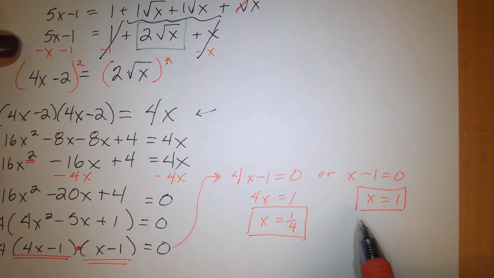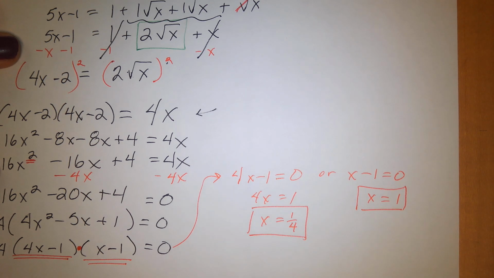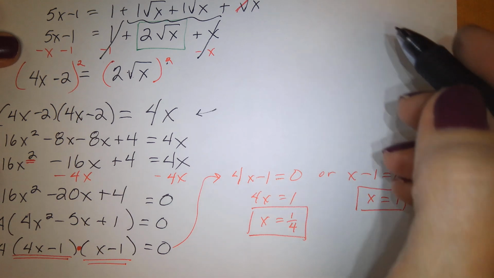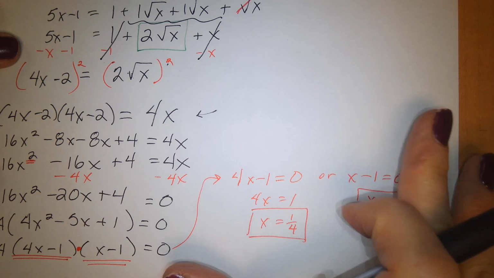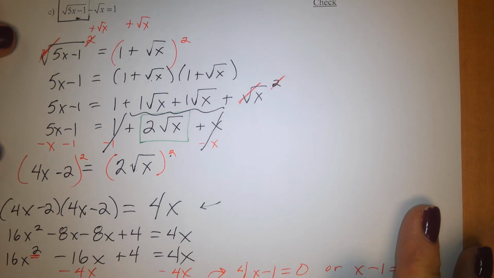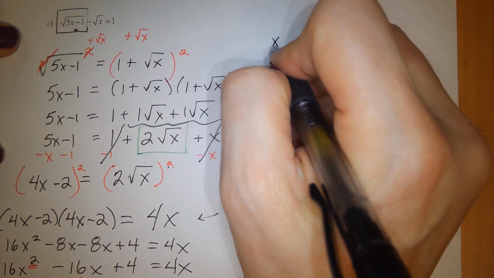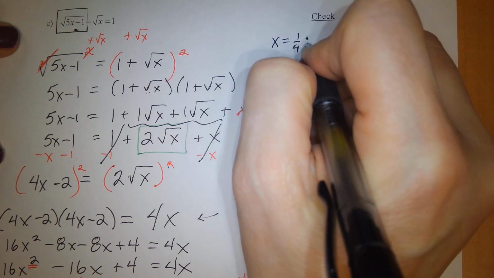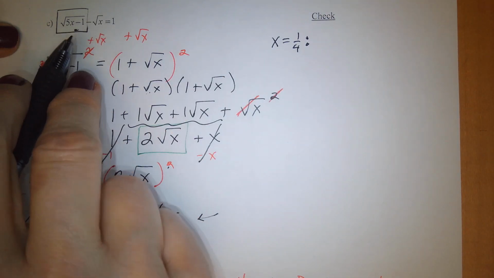I don't know for sure if those are solutions yet until I check both of them in the original equation at the top. So that's what I'm going to do next. I want to make sure there are no extraneous solutions. So let's go ahead and check 1/4. If I check 1/4, when x is 1/4, let's plug that into the original equation.